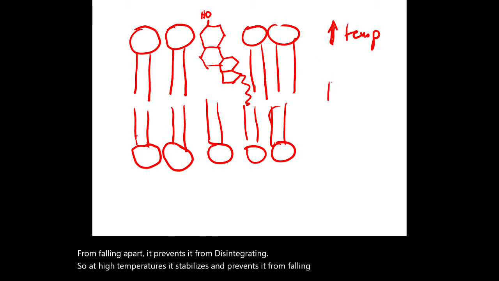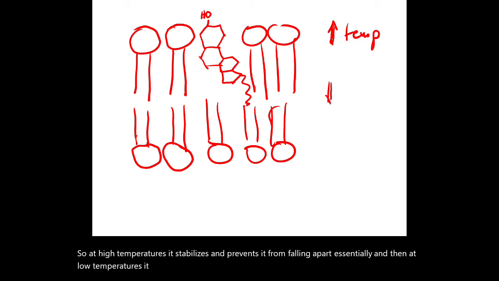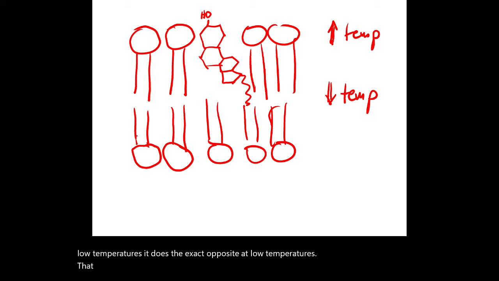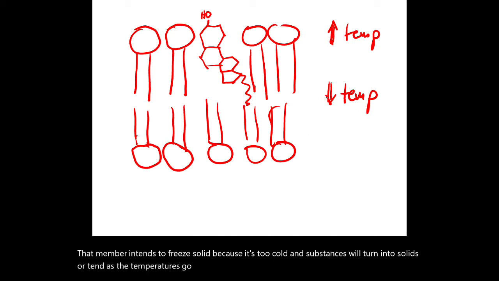And then at low temperatures, it does the exact opposite. At low temperatures, that membrane tends to freeze solid because it's too cold, and substances will turn into solids, or tend to, as the temperatures go down. So the cholesterol molecules sort of interfere with the lining up of the phospholipids, and they prevent it from solidifying.